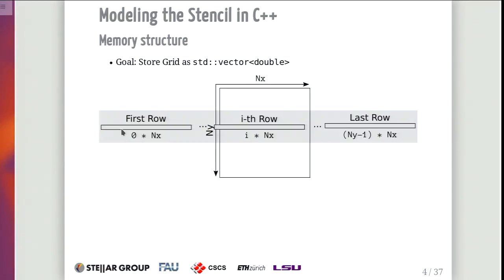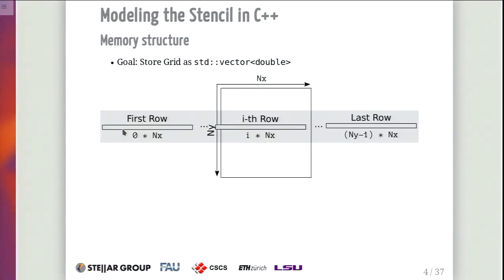The starting point. So that's how you would address the different rows in your grid. Okay, so just simple linearization of your two-dimensional point. Okay, I think everyone's familiar with that technique, right?